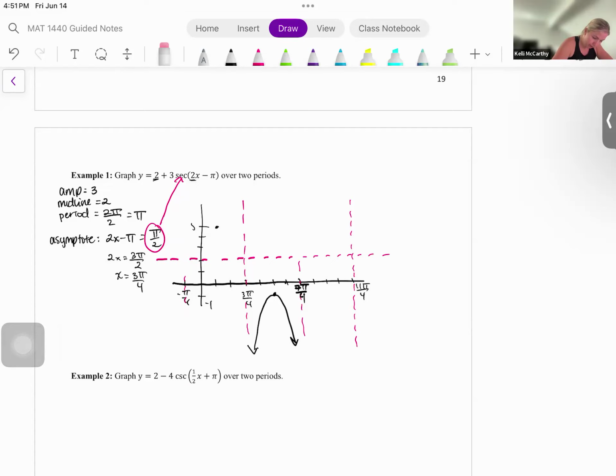And actually, I think we're really going to be okay. But I'm going to erase all those extra asymptotes I drew. Again, the entire period is going to be pi units, which means the distance between two asymptotes is going to be pi/2. So let's add that note here just so that we don't forget it in the future.